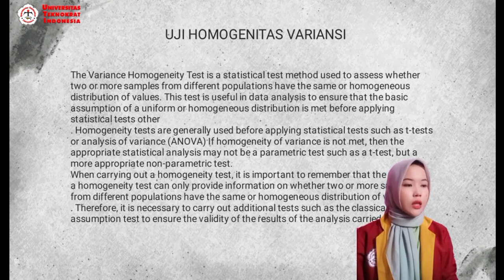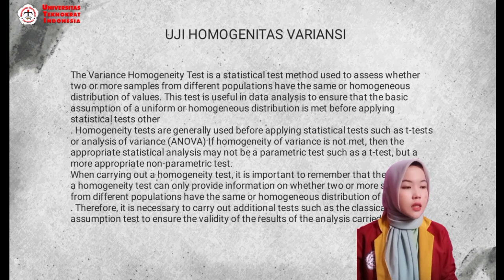The variance homogeneity test is a statistical test method used to assess whether two or more samples from different populations have the same or homogeneous distribution of values. This test is useful in data analysis to ensure that the basic assumption of a uniform or homogeneous distribution is met before applying statistical tests.